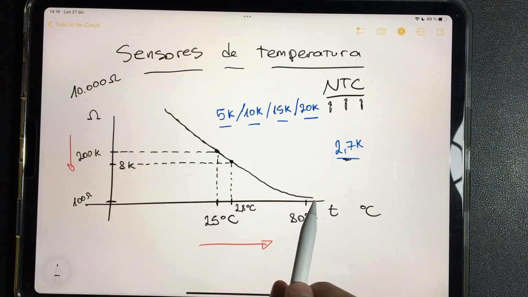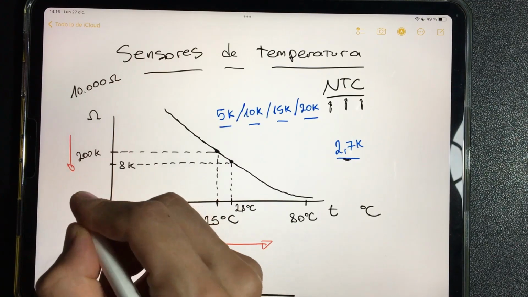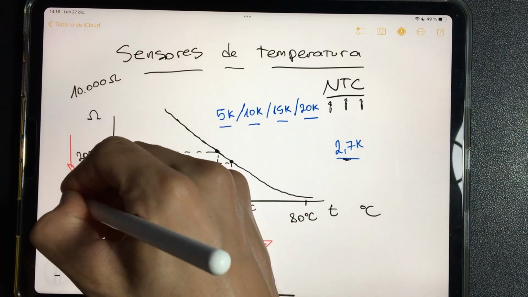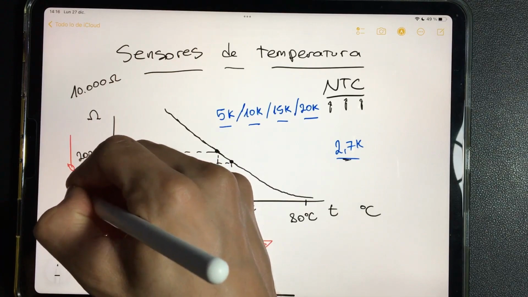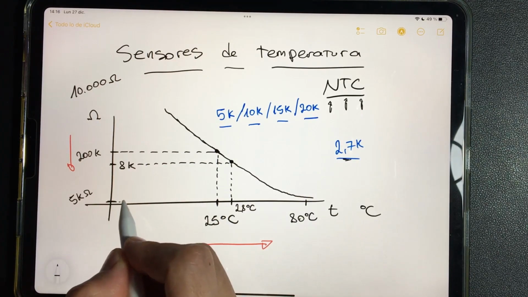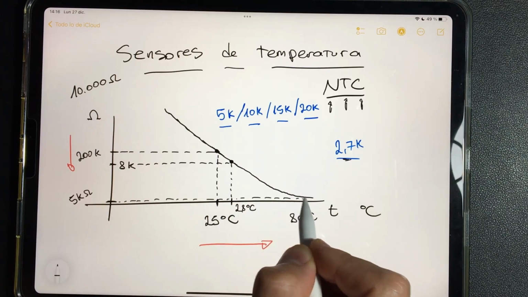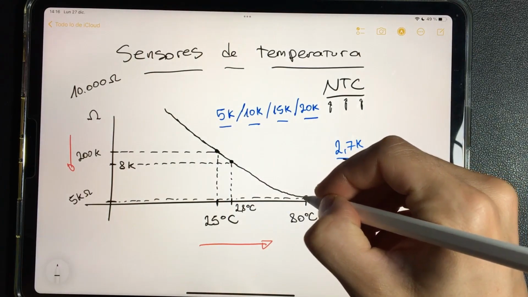So, at the point where it reaches 80, 90 degrees, which is the moment when the board wants to know what temperature the compressor is at, there is a value in ohms of, for example, 5 kilo ohms. It is a value in ohms that the board can understand.